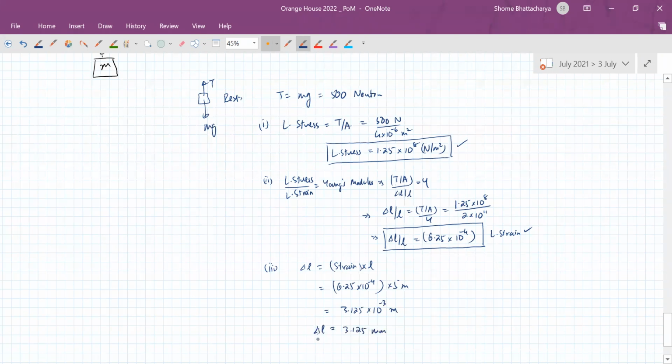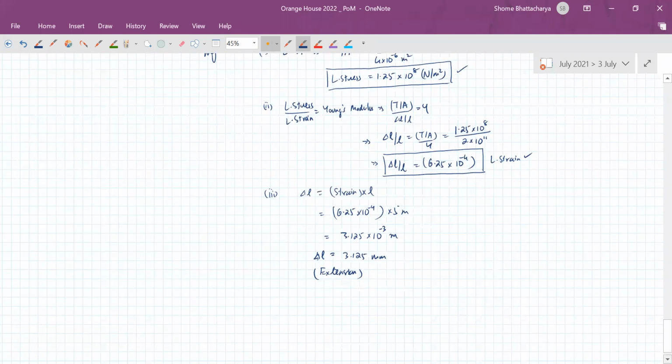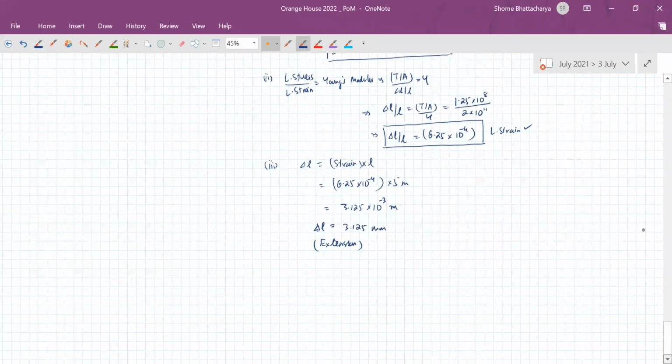That will be the amount of extension created. Okay, let's look at another example next.